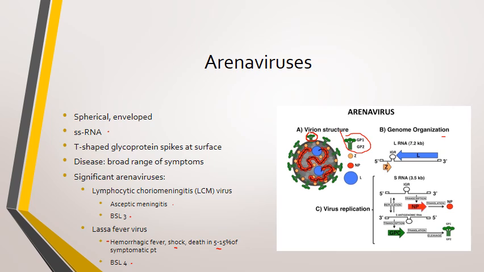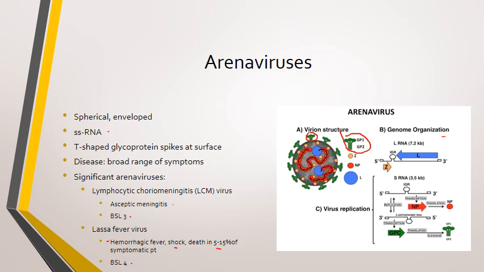Okay, so the targets that we have, serologically, we're going to target this glycoprotein here, the GP1 and 2, on the arenavirus surface. We're going to look for antibodies against that. This is not one that you're going to see in a large quantity of the population because, of course, it causes significant symptoms. So in this particular case, positive antibodies against a Lassa fever would indicate that you have the disease.